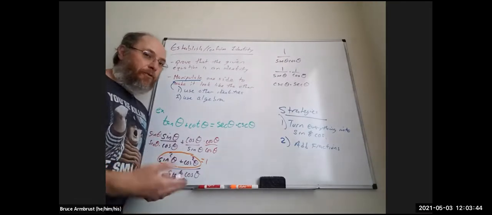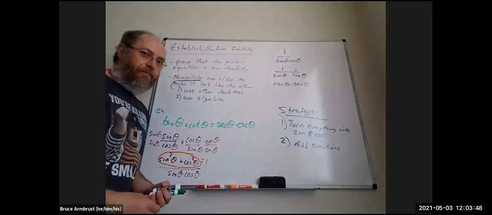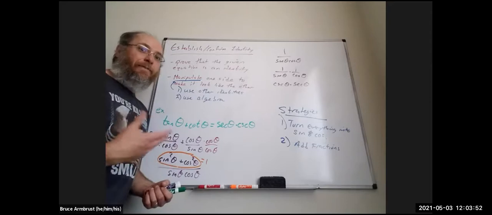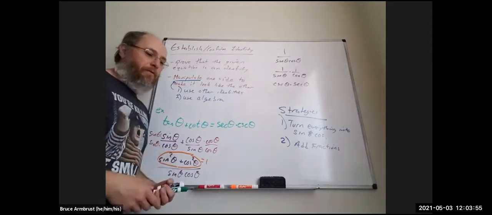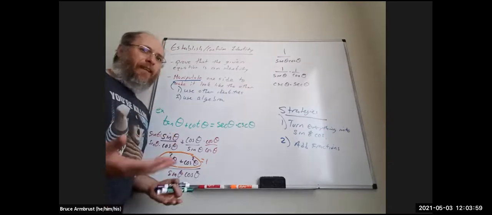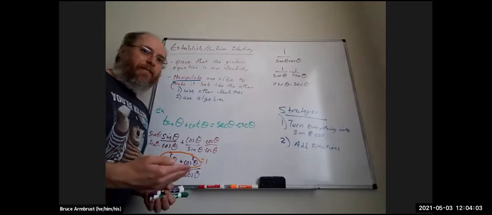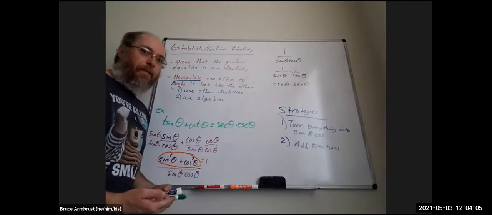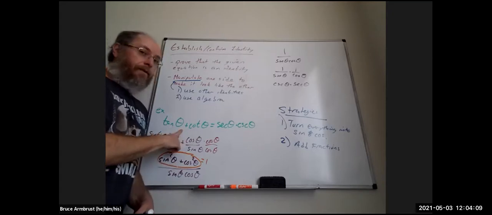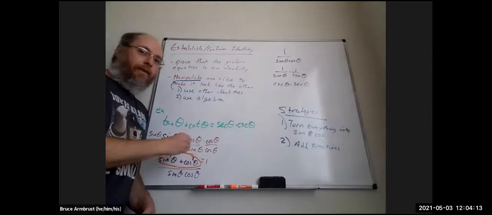So you're trying to prove it's an equation by assuming it's an equation. That doesn't work. That'd be like me saying, oh, everybody in the world has blue eyes. Why? Because everybody in the world has blue eyes. No, that's nonsense. That's not proof. You can't prove a statement using that statement. So we're not doing that here. We're always going to start with one side, whichever side you want, and manipulate it to look like the other side.